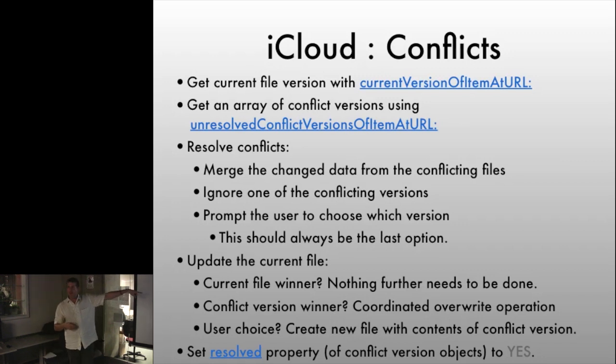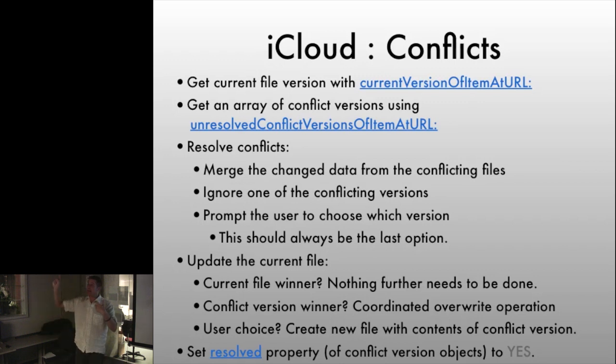Once you've resolved all these conflicts, then if the current file that you have is the winner, it's the most current version, you don't have to do anything. You don't have to worry about it. Any modifications that you make go through the file presenter, then they get updated to iCloud, and iCloud will have the latest version.